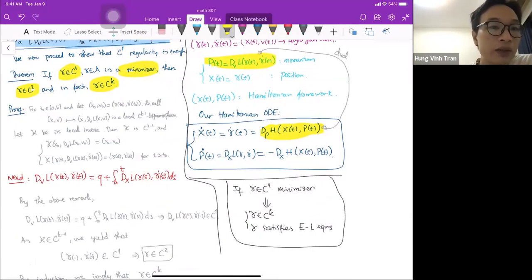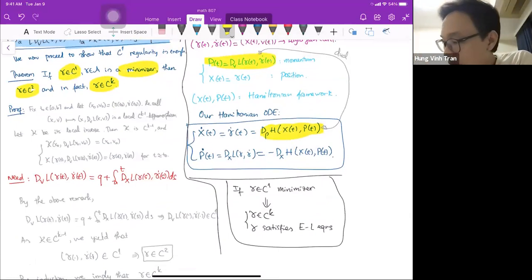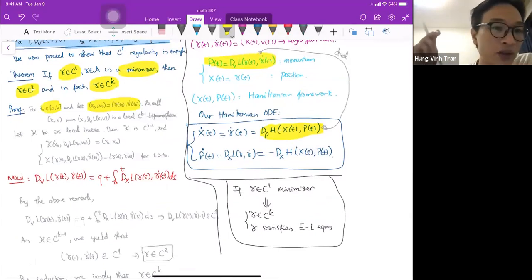Okay, so the way we do that is that we recall the previous C^(k-1) diffeomorphism result we have. So recall that if I fix any point here, I fix x naught, v naught to be the position and the velocity at the point t0.